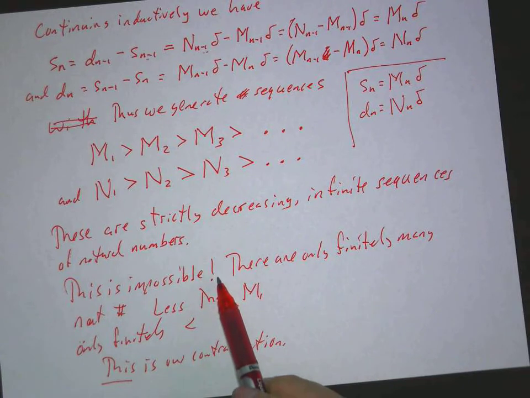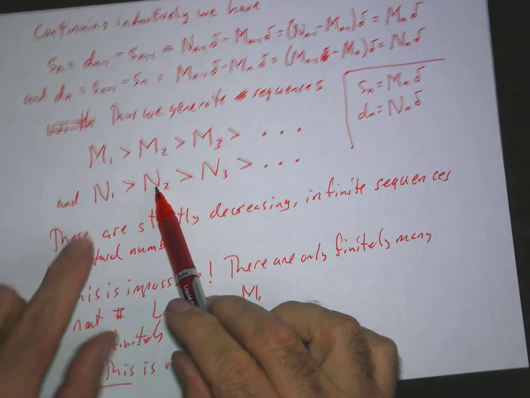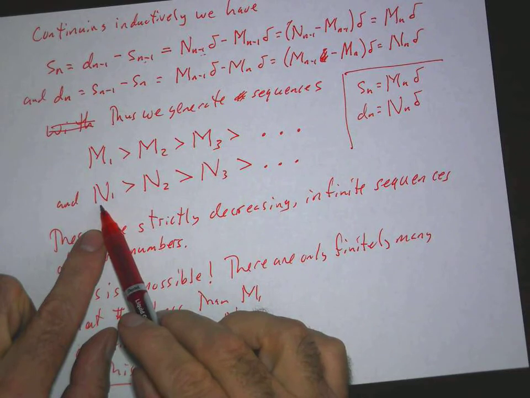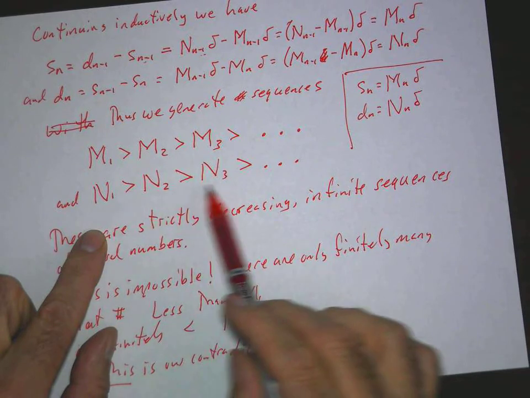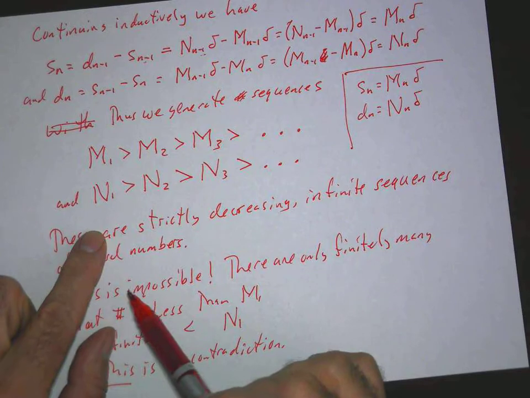But this is impossible. We can't have infinitely many natural numbers less than N sub 1. No matter what natural number capital N sub 1 is, we can only have finitely many natural numbers less than capital N sub 1.